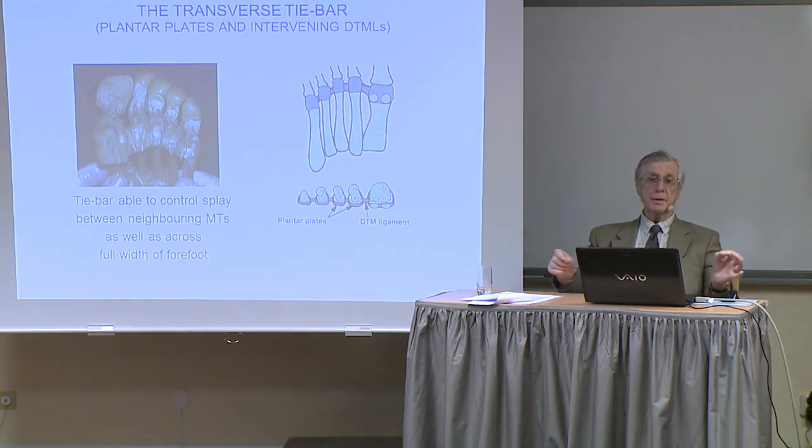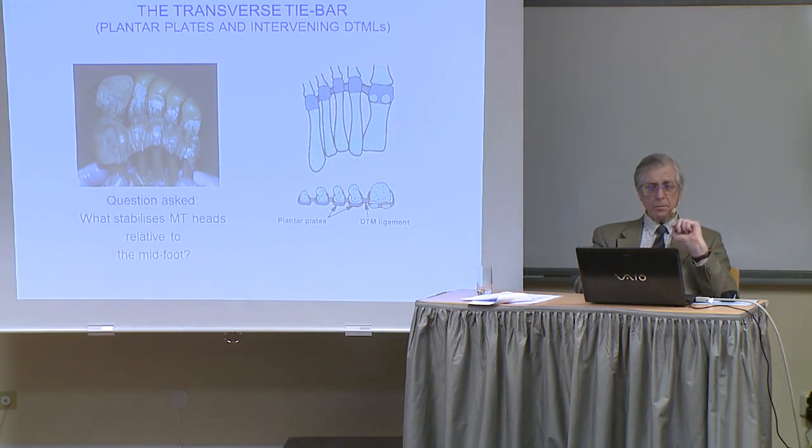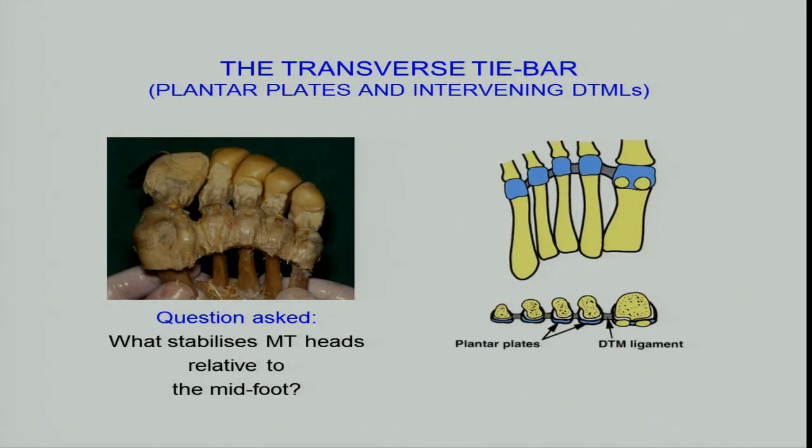Okay, we had something that stopped the metatarsal head splaying, but what did that do in relationship to the rest of the foot? What stabilized the front of the foot and kept it in alignment?